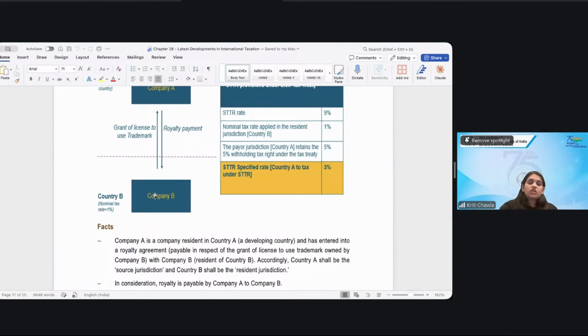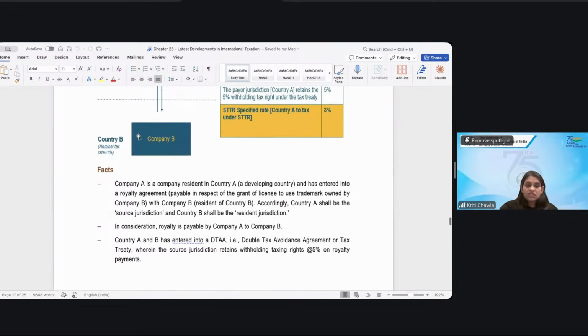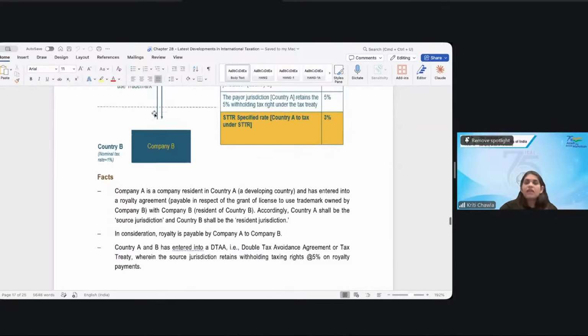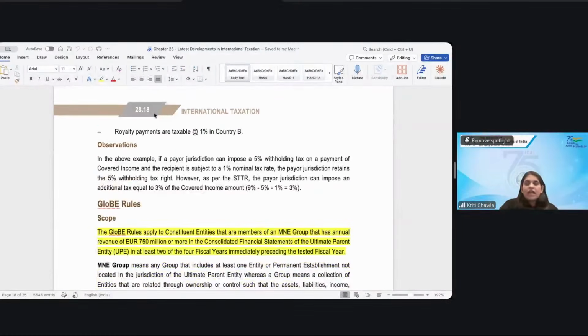The royalty is going to be payable by company A to company B. Now, let's say that countries A and B have entered into a DTAA, and the source jurisdiction retains withholding rights at the rate of 5% on royalty payments. And if you look at country B, the resident state, royalty payments are taxable at 1%.